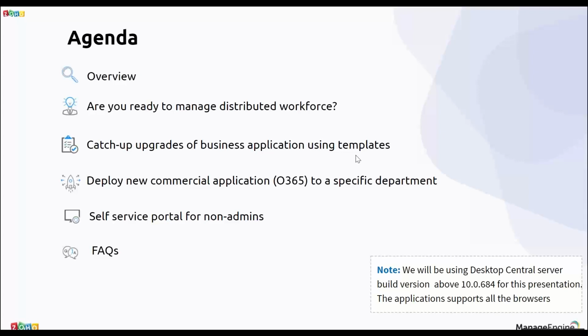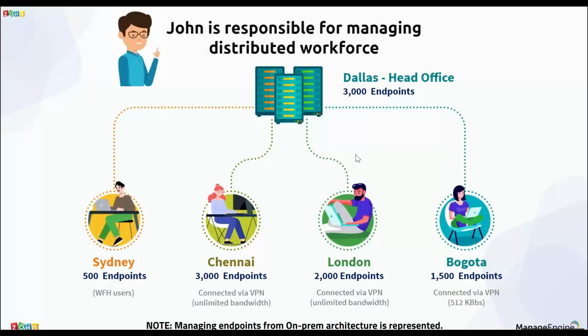We'll talk about how you deploy business applications using our templates. And we'll talk about how you deploy a commercial application to a specific department in case the application is not available in the templates. We'll talk about the self-service portal for non-admins, and about frequently asked questions related to software deployment.